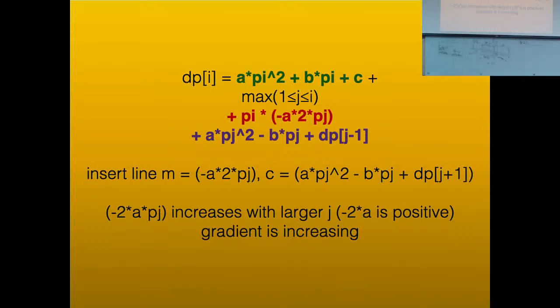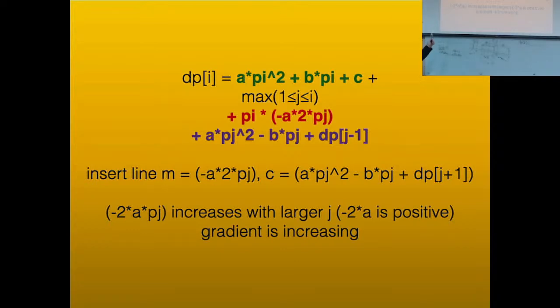The interesting part about this problem is that the value of a must be negative. That's the constraint of the problem. And p[j] is also increasing because the prefix sum of a positive sequence is always increasing.